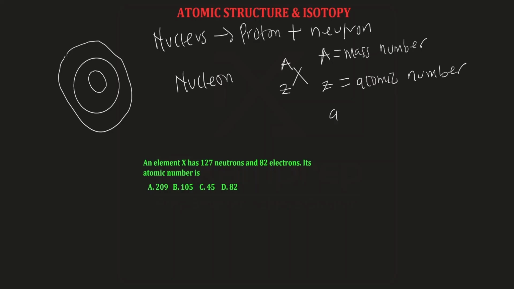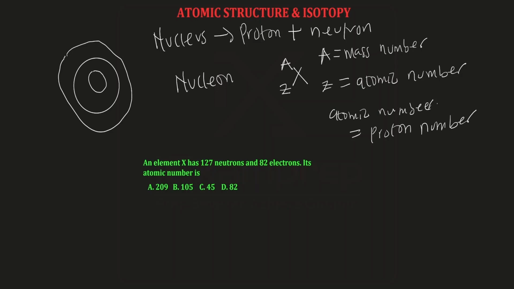Also note that atomic number has another name. Atomic number is the same thing as the proton number. So atomic number equals proton number. So you can say that Z is atomic number or proton number.